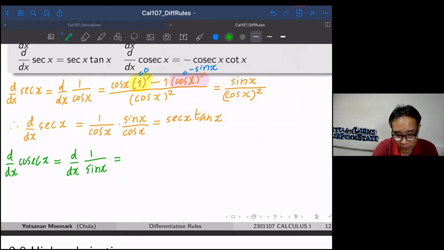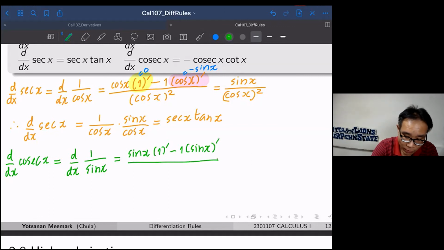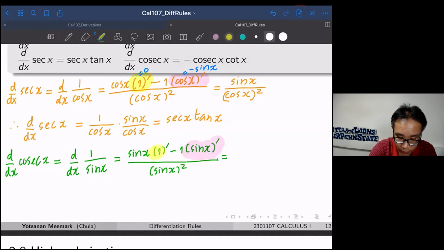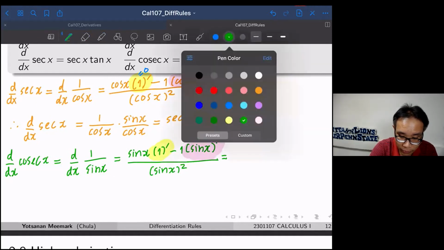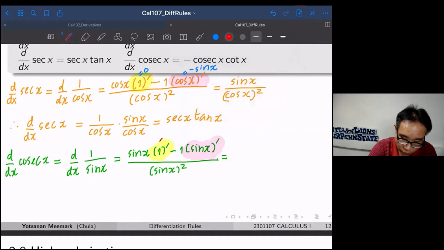So it's going to be the bottom times the derivative of the top minus the top times the derivative of the bottom over the bottom squared. You see that the derivative of 1 is 0, and the derivative of sin is cosine x.